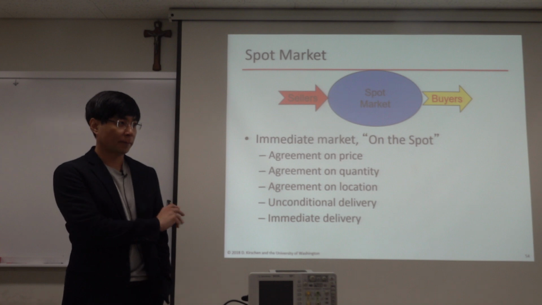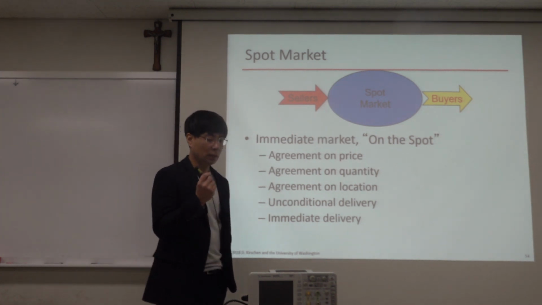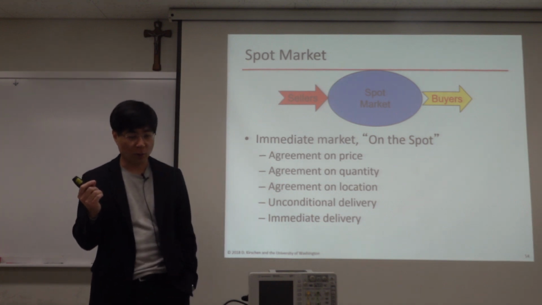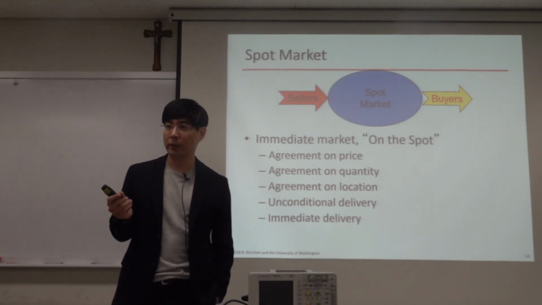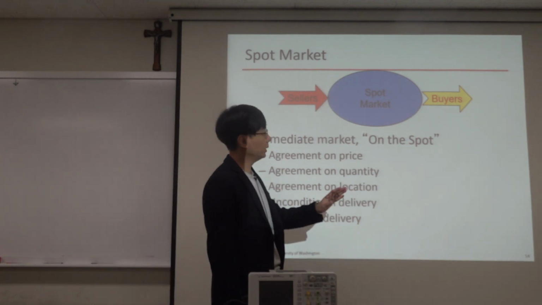Simple, right? So this is the most basic type of market we are experiencing in our daily life as well, right? And these types of market are very popular in economics.